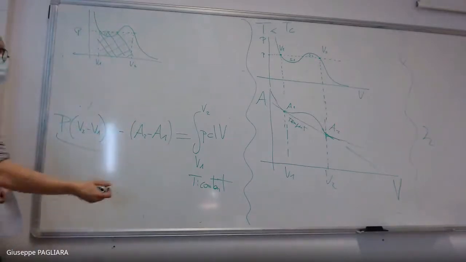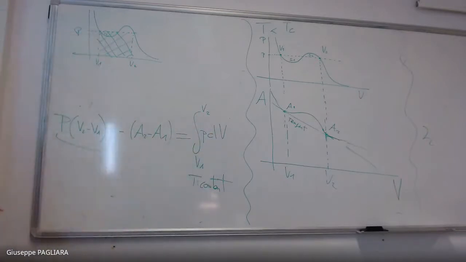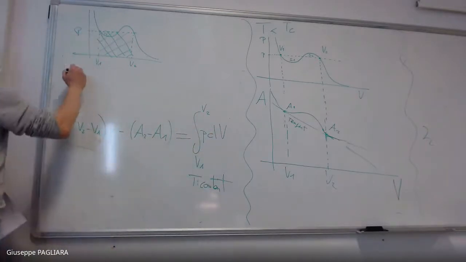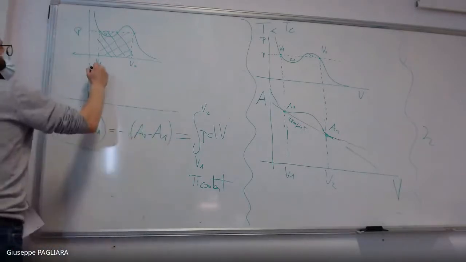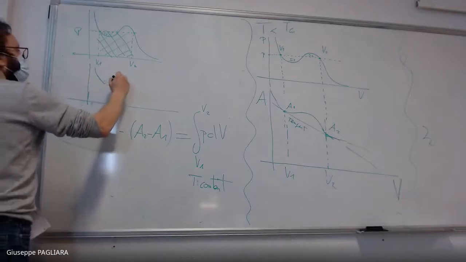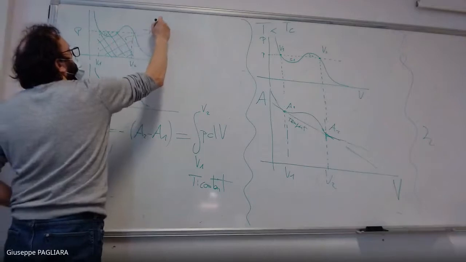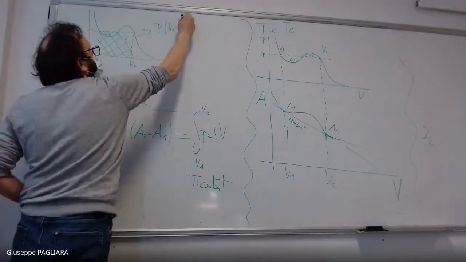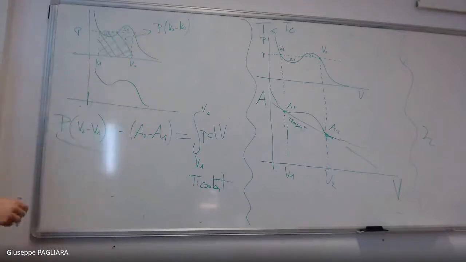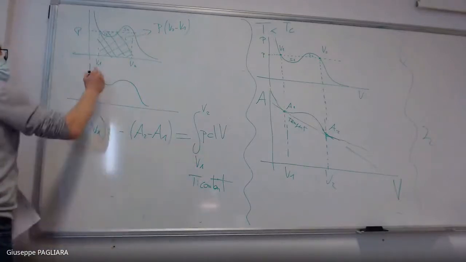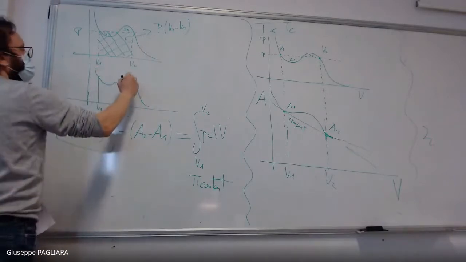Whereas if I do the integral from V1 to V2 of PdV, I just have the area below this curve, between V1 and V2.